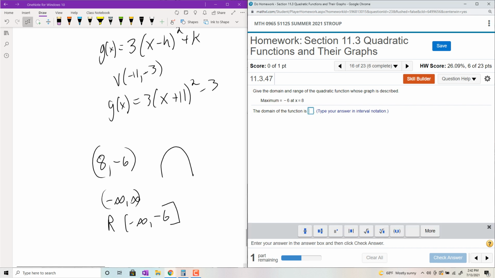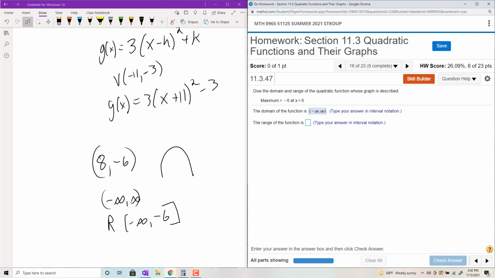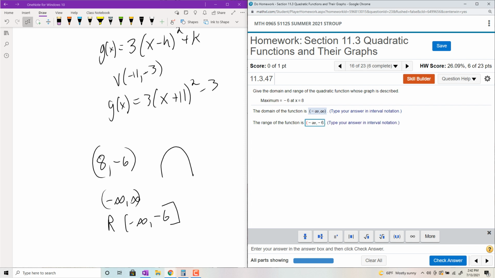So the domain is negative infinity to infinity, and then the range is negative infinity to negative 6, bracket. Oops, wrong kind of bracket. There you go.